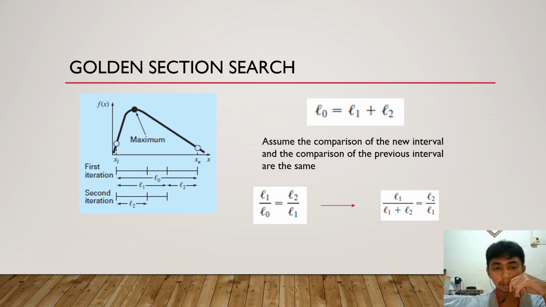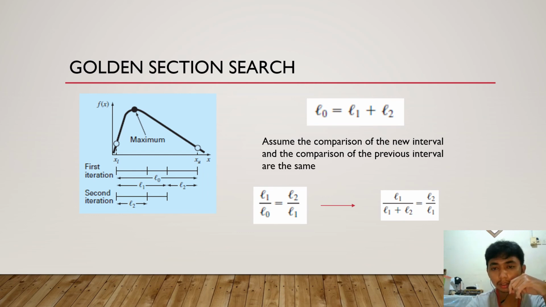So the first iteration will divide the interval by L1 and L2. And then in the second iteration, after we obtain some new point, we also divide it by the appropriate number.